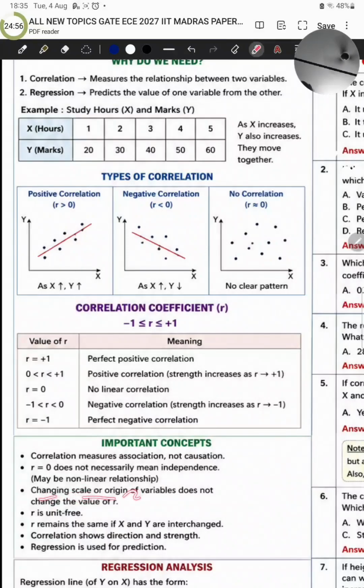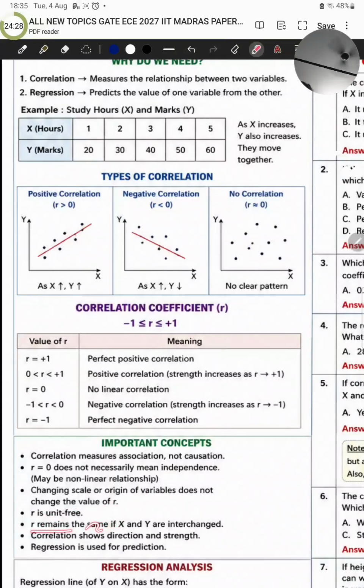Changing the scale or origin of the variable does not change the value of r. So r is unit free.